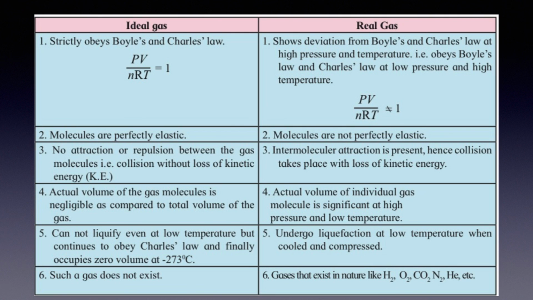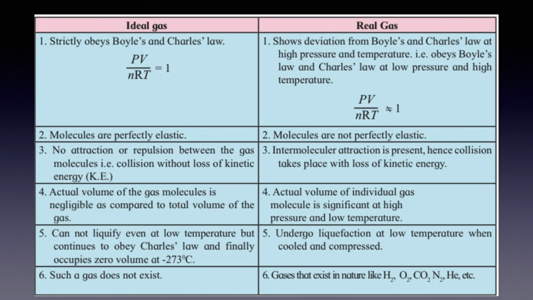Okay, so next point, actual volume of the gas molecules is negligible as compared to total volume of the gas, and in case of real gas the actual volume of individual gas molecule is significant at high pressure and low temperature.